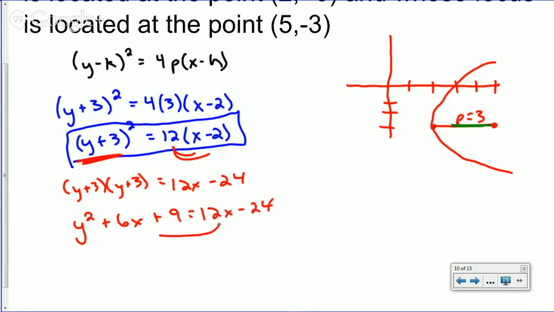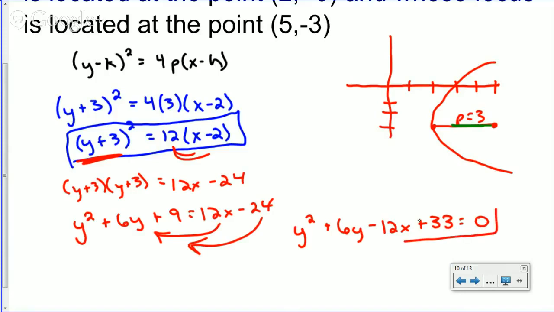So then we're going to move this, and this is a y there. We're going to move the 12x to the other side and the 24 to the other side. So in the end, I'll get y squared plus 6y minus 12x plus 33 equals 0. And again, if it doesn't say, just leave it in this form right here, this standard form.